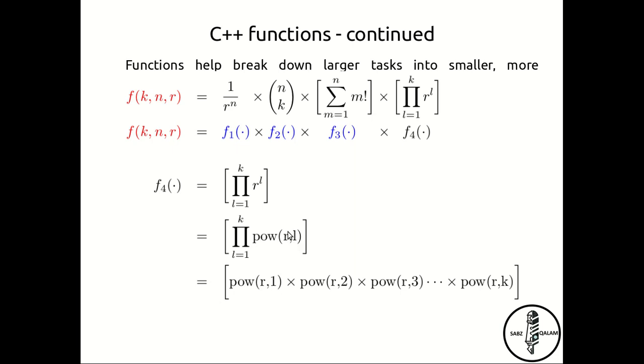So we just need to include cmath once at the beginning of the program. We don't really need to include it every time. And once we have included the cmath library, we can call out the power function as many times as we want.